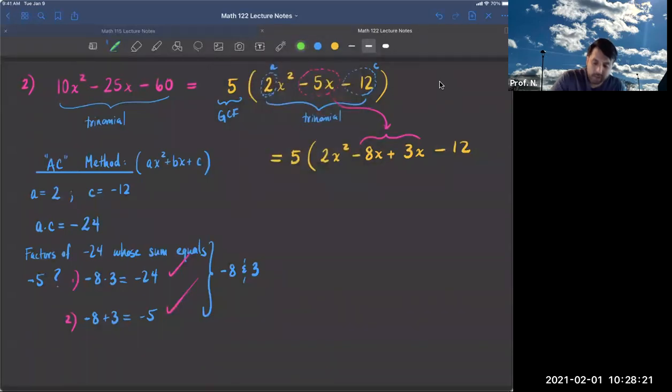Why? Because look what we're going to do next. We're going to do what's called factor by grouping. So the AC method requires you to understand factor by grouping. So the first technique here is the GCF, and the second technique here is factor by grouping.